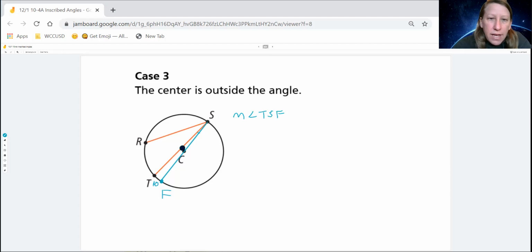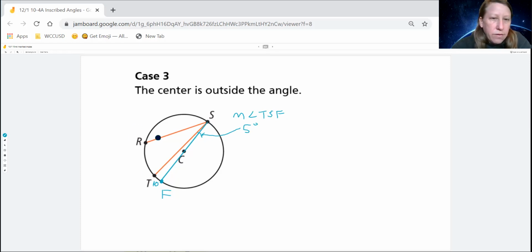Well, if this is 10, then this angle is going to be 5. 5 little teeny tiny degrees right in there. And by in there, I mean actually in there, TSF. Okay, that's interesting, but that's not what I wanted.